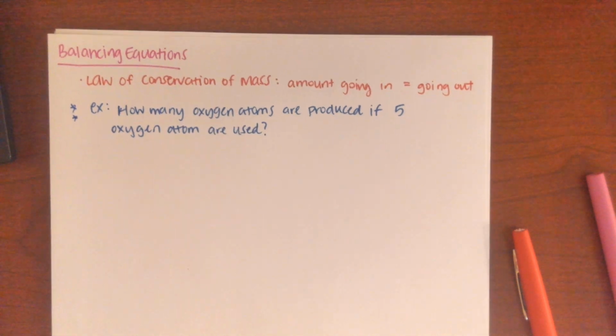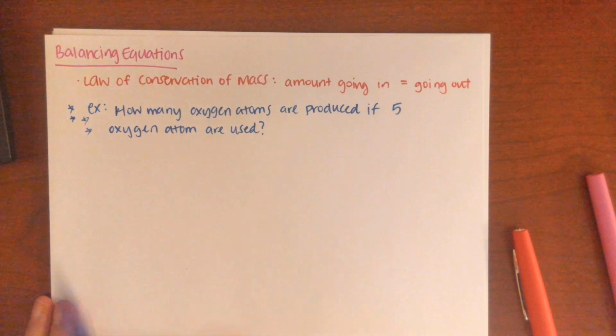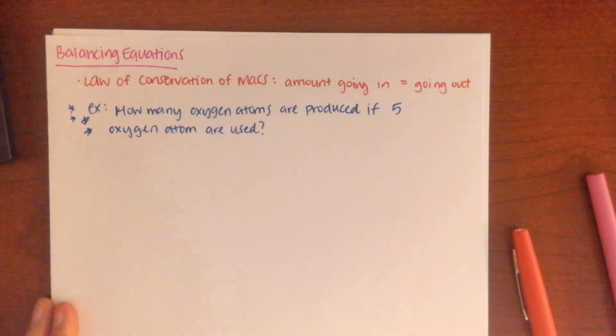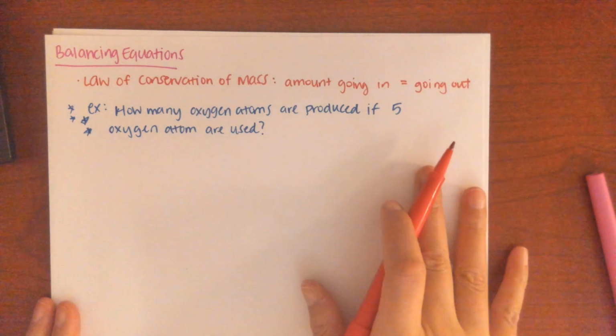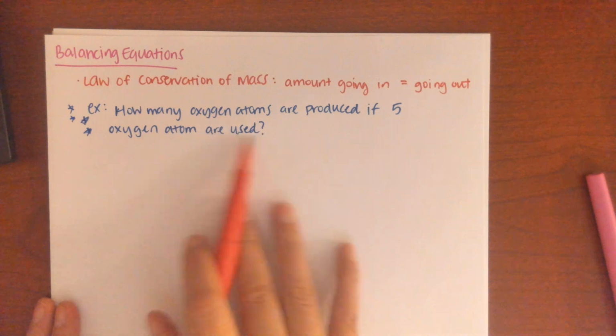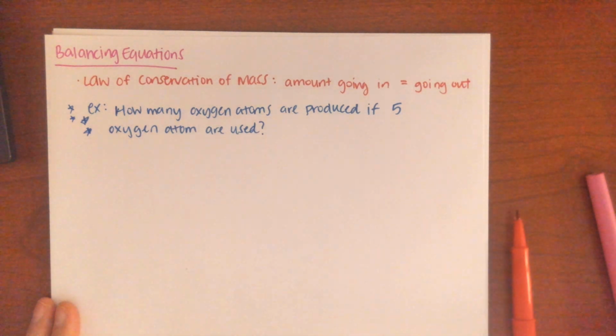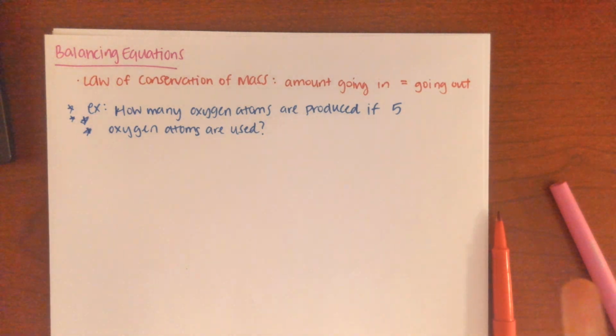This is actually a very simple question. I'm putting stars because that means it's important. When you read a full sentence like this, you're like, wait, what is it saying? Basically it's saying, if I have 5 oxygen atoms that are being used, how much should I have going out of the reaction?